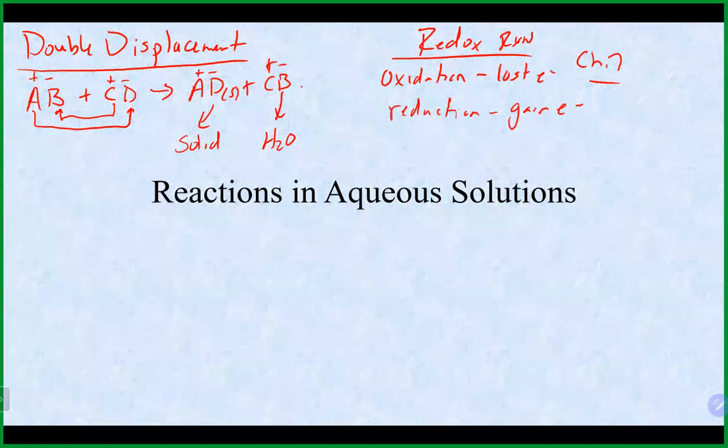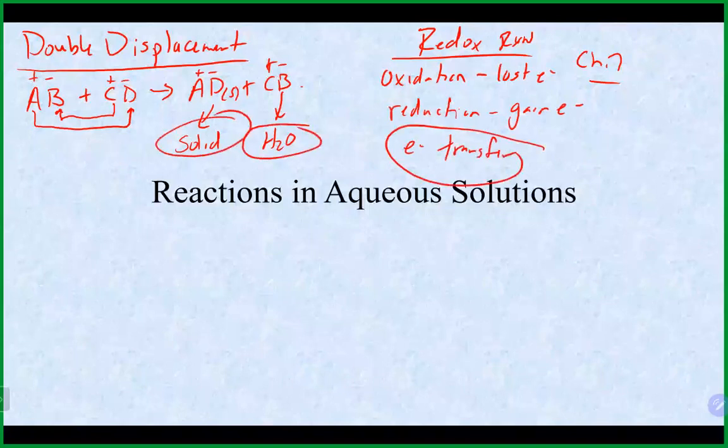But they really all account for that electron transfer that is basically occurring. So pretty much all reactions boil down to one of those three things happening. You got an electron transfer, you got a solid being formed, or you have water basically being formed.